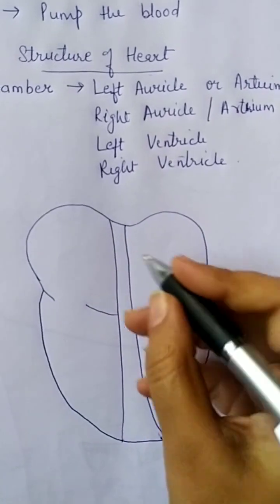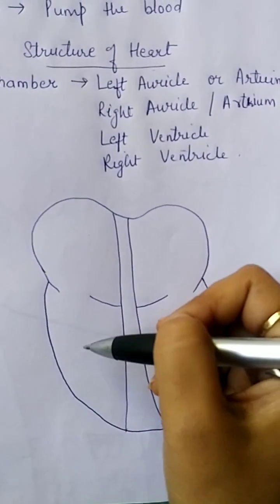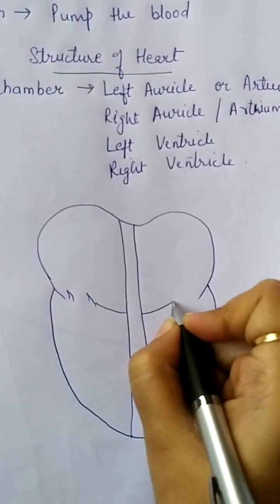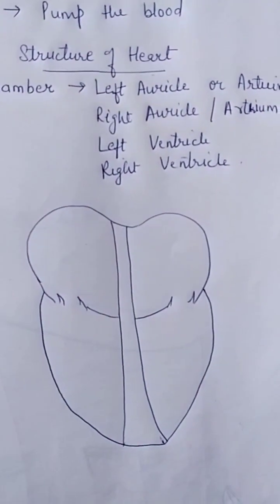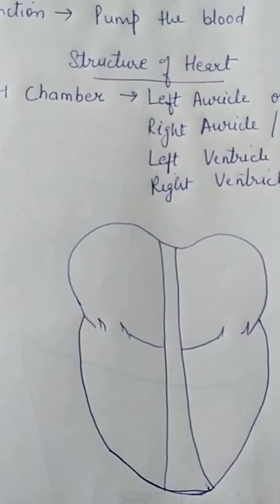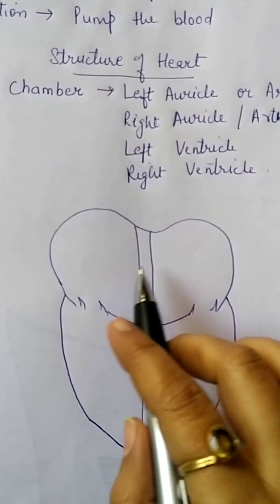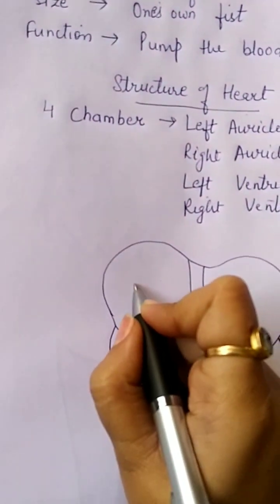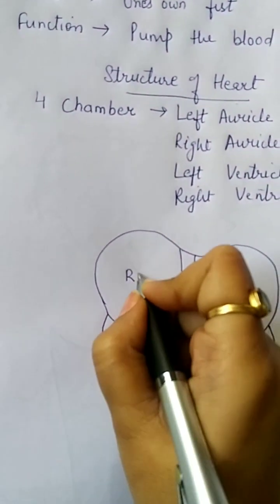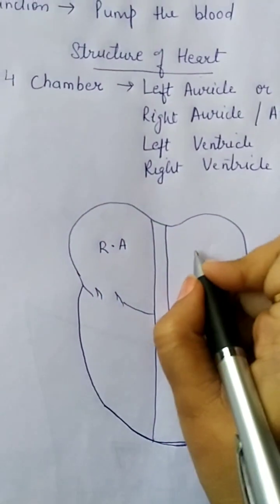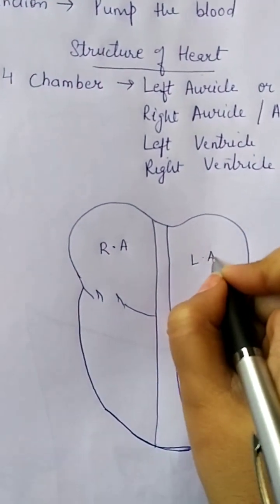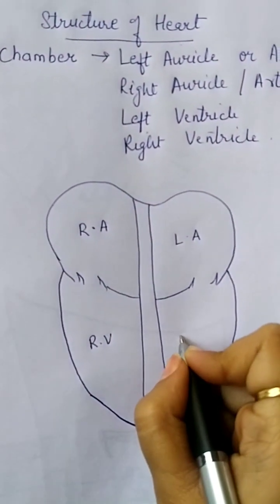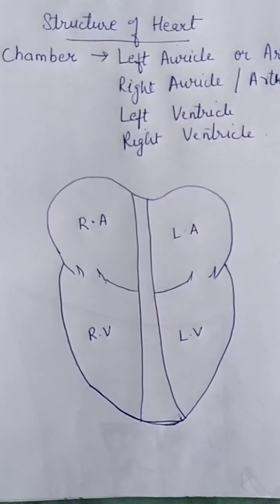And this is the partition between the auricles and ventricles. That is atrium and ventricle. So these are the 4 chambers of human heart. This is right atrium. This is left atrium. This is right ventricle. And this is left ventricle.